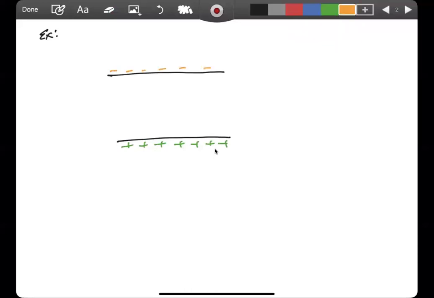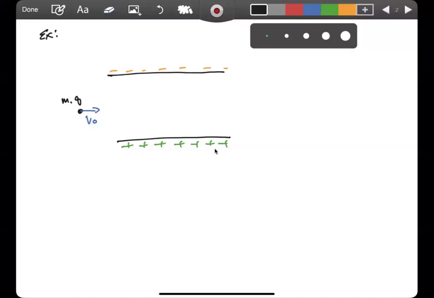This is effectively what we call a parallel plate capacitor, but we haven't talked about these things yet, so I'm not going to worry too much about them. Let's say these are separated by some distance, and I have some charged particle which has a mass of m and a charge of q, moving inside of them with some initial velocity of v0.